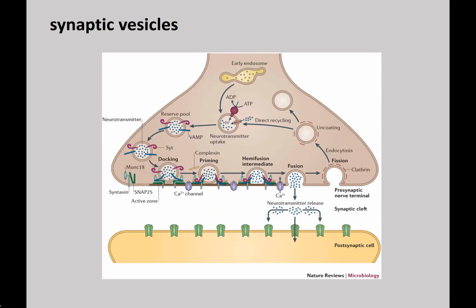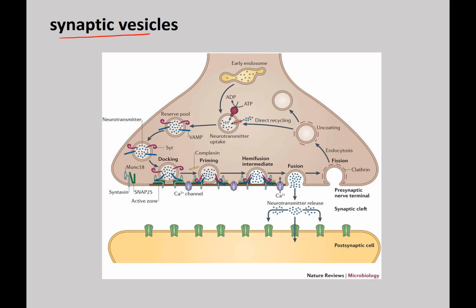So how are these neurotransmitters released? Well, one thing is they are stored in synaptic vesicles. So you've learned about vesicles, right? Those little membrane spheres that transport things from the ER to the Golgi, and the Golgi to the plasma membrane and to other places.